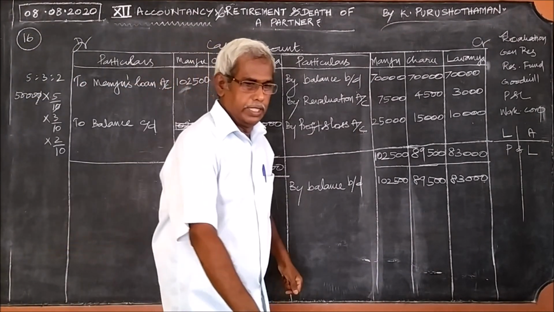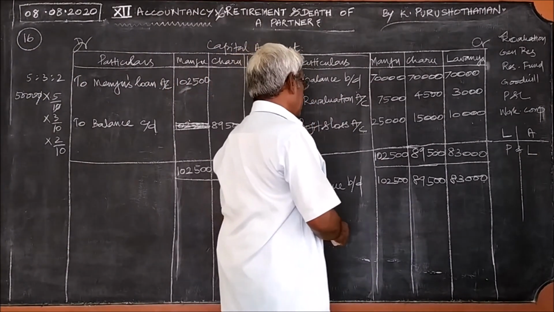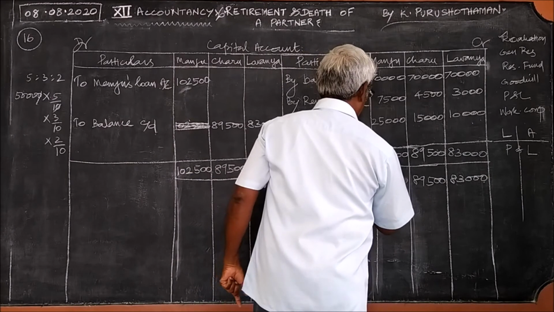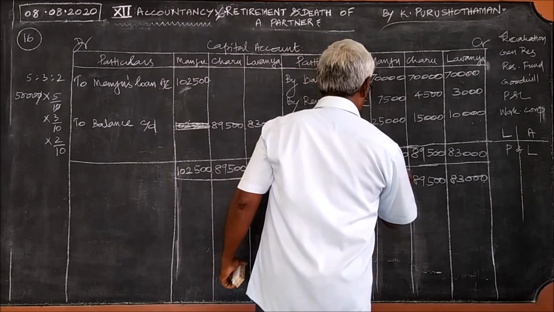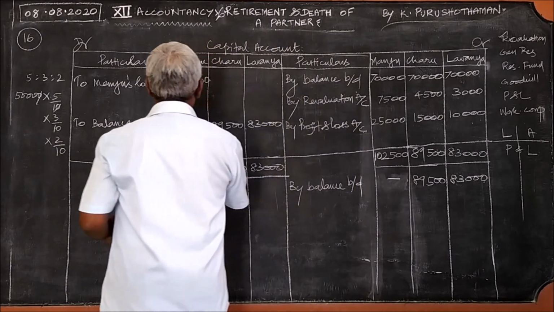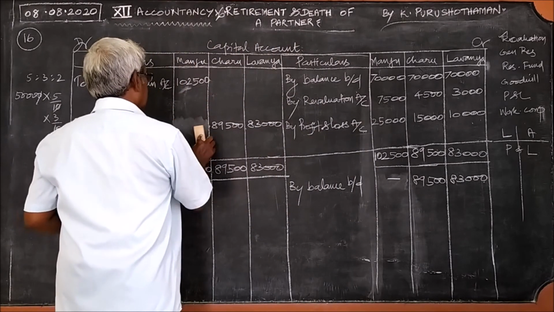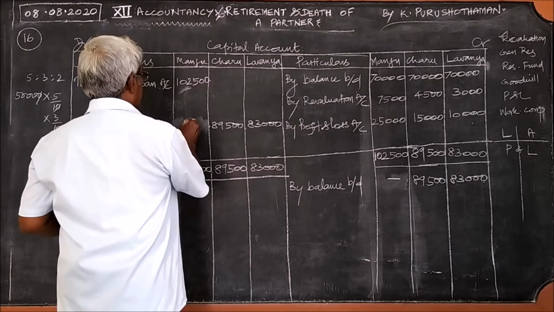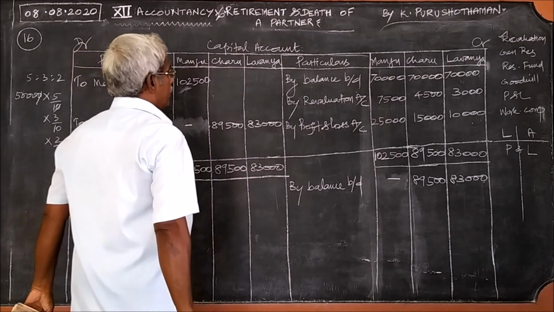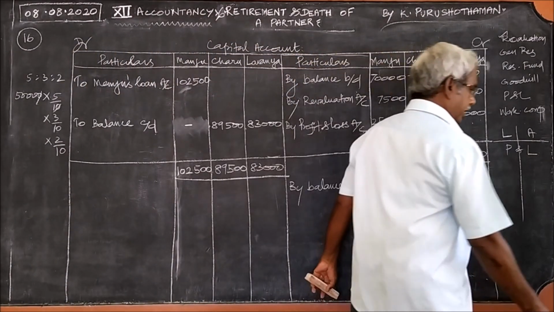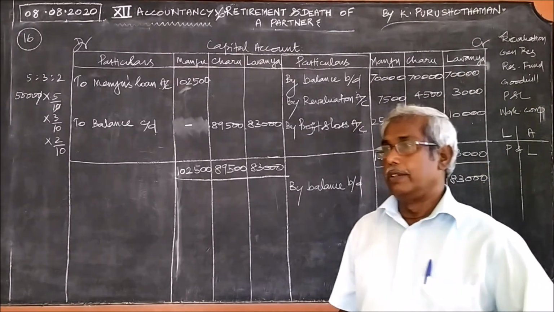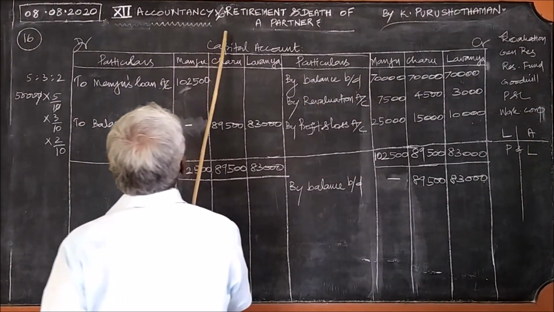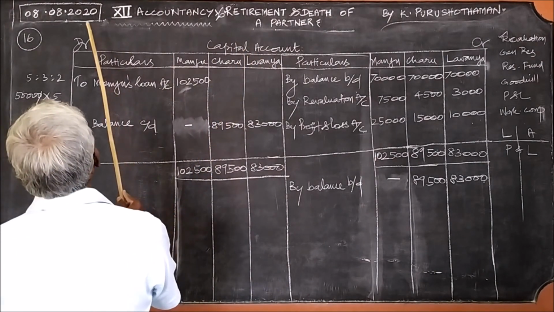So automatically here by balance brought down, there will be nothing for Manju. It is a dash. As it is, there is a dash here. The retiring partner's account must be shown separately. It is very important. Once again, I repeat the capital account for a few minutes. See, this is capital account, therefore it is a ledger.